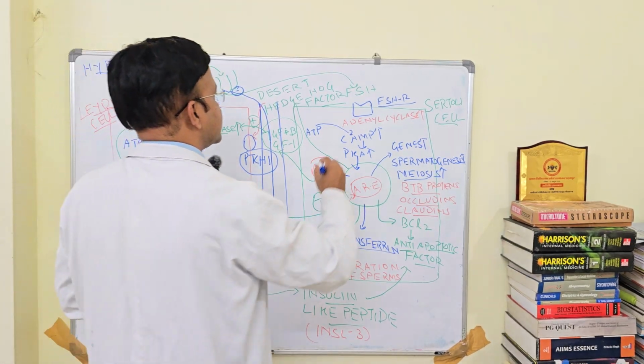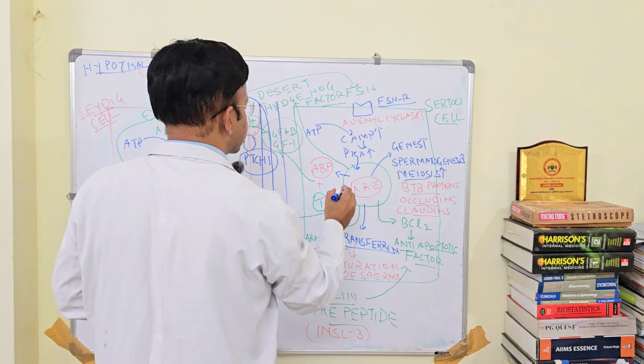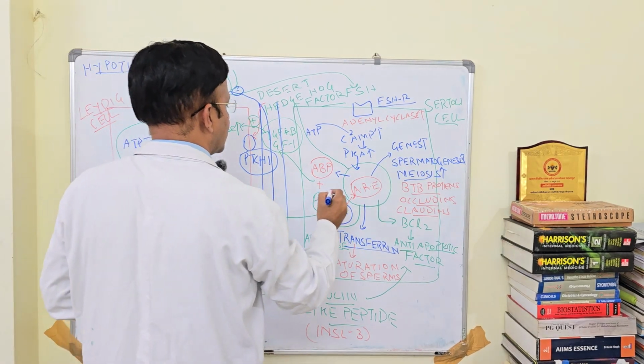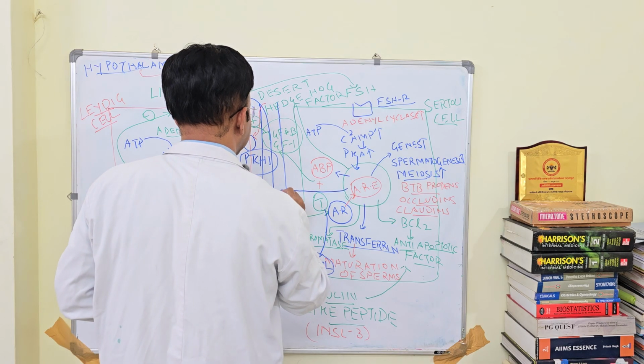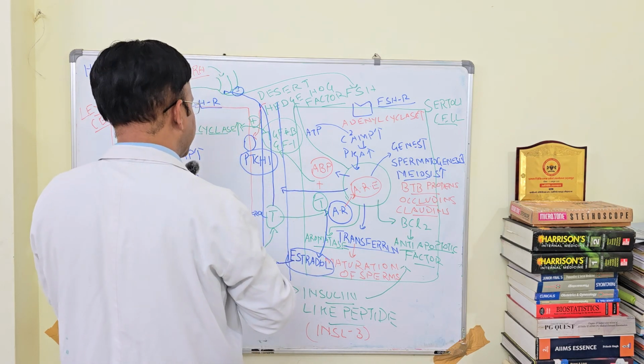Apart from that, when FSH acts on the nucleus, it also synthesizes one very important compound called inhibin B, right?